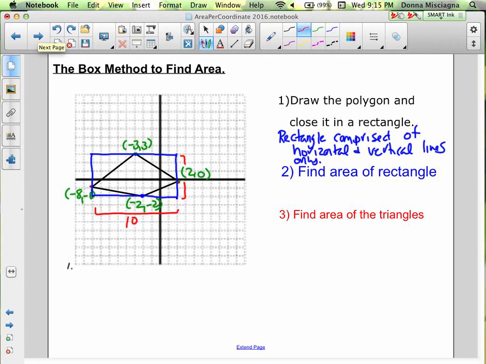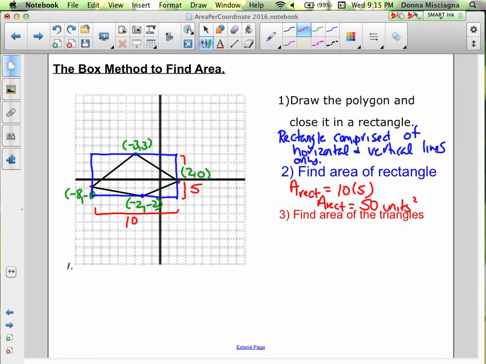So this is 5. So the area of our rectangle is just going to be 10 times 5, and that would be 50 units squared.